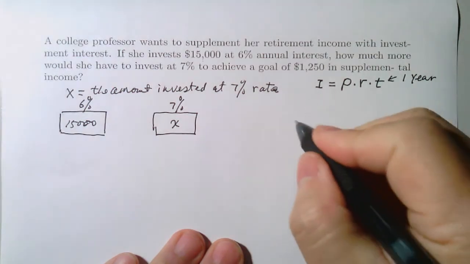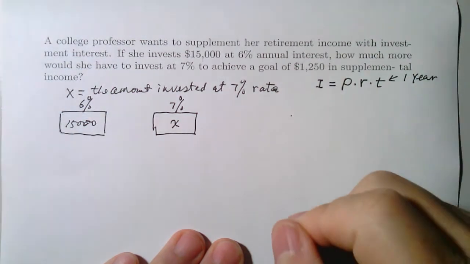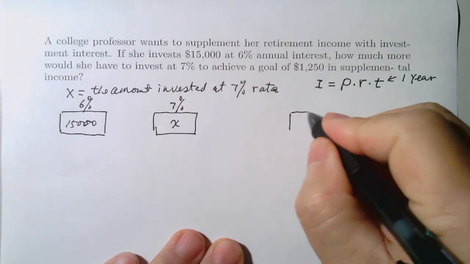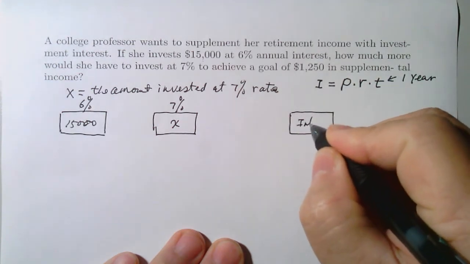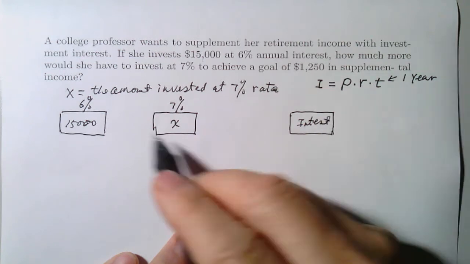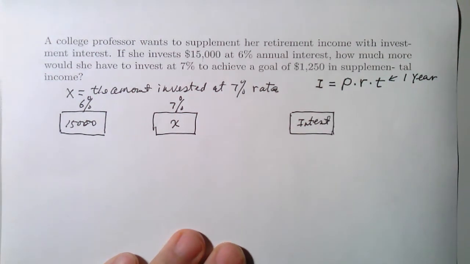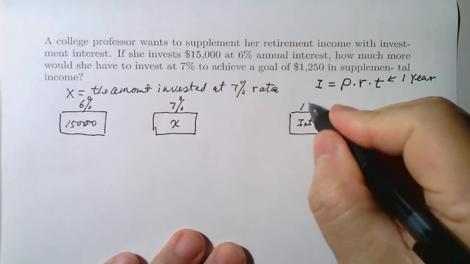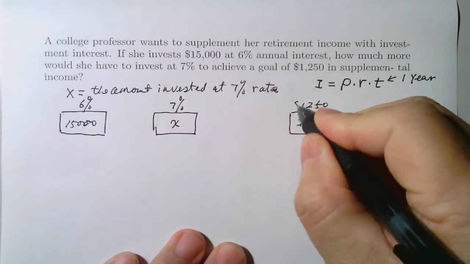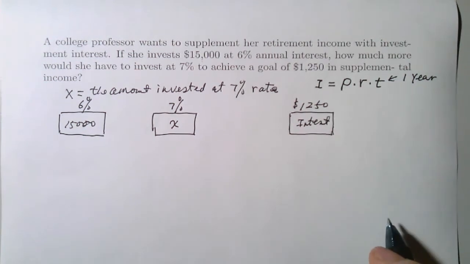And so what happened here? She's going to get interest from both accounts, and we already know the total is $1,250.